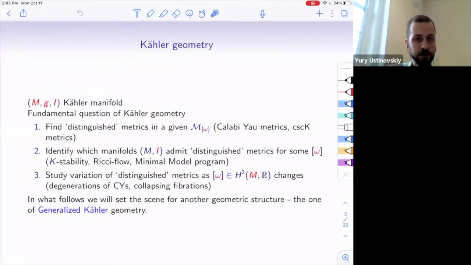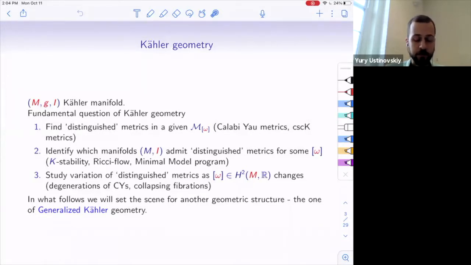So the fundamental questions of Kähler geometry concern essentially the study of these Kähler classes and distinguished members in them. Probably one of the most important questions is to find distinguished metrics in a given class, and examples of these questions are the search for Calabi-Yau metrics and the search for constant scalar curvature Kähler metrics, which have been driving the research in this area for the past many decades.